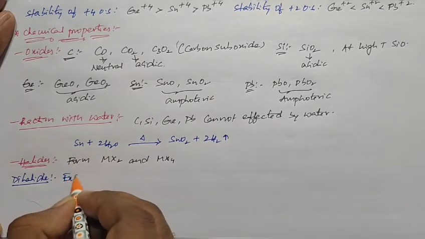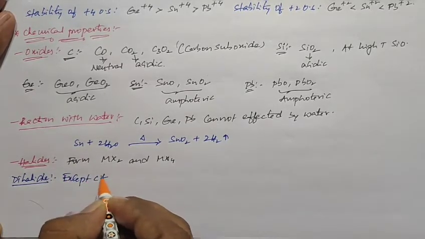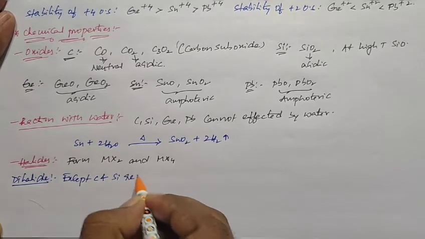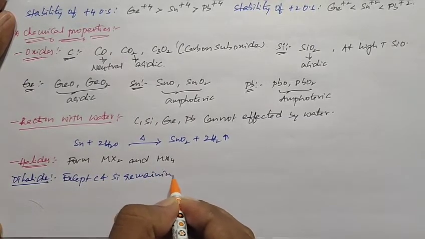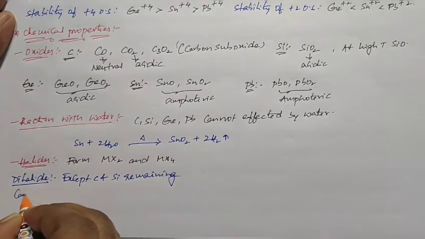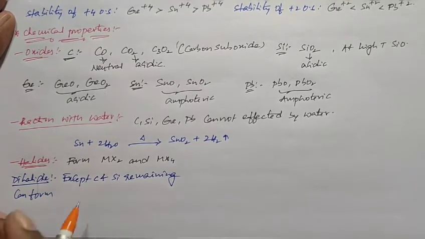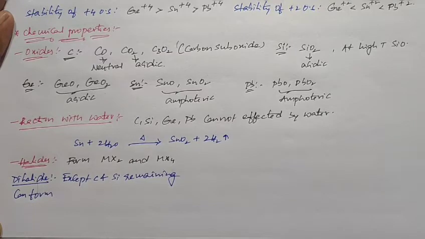So except carbon and silicon, the remaining can form dihalides. When you observe the thermal stability of dihalides, it decreases down the group.